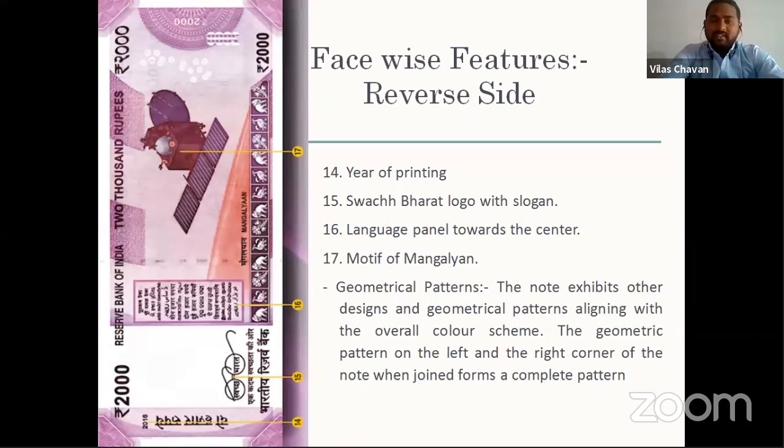So here exhibit other designs and geometrical patterns aligning with the overall color scheme. The geometric pattern on the left and the right corner of the note when joined forms a complete pattern. So all four corner patterns, when we join them, form a complete pattern.